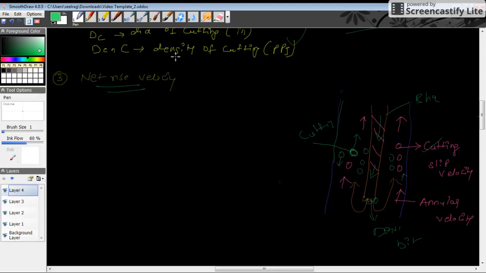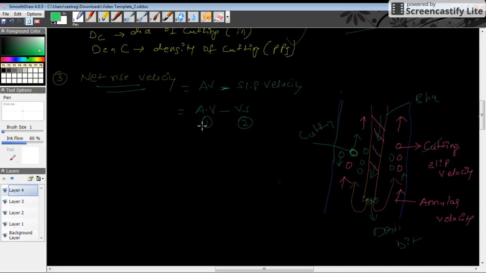Net rise velocity is the difference between annular velocity, which we got from the first step, and Vs, the slip velocity, which we got from the second step.